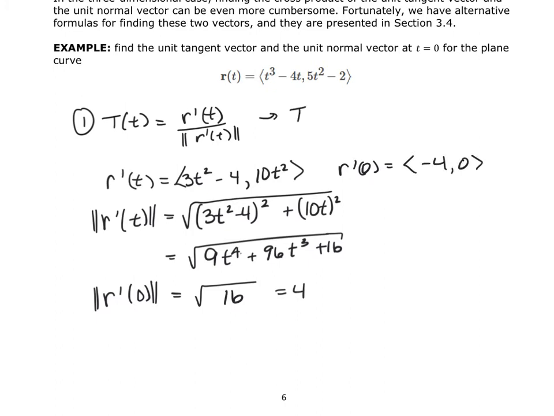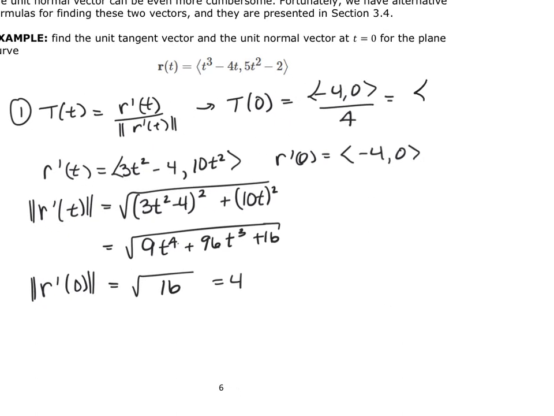So then the unit tangent vector evaluated at 0 is going to be negative 4 and 0 divided by 4, which gets me negative 1 and 0. So there is my unit tangent vector at t equals 0. So that's my first part.